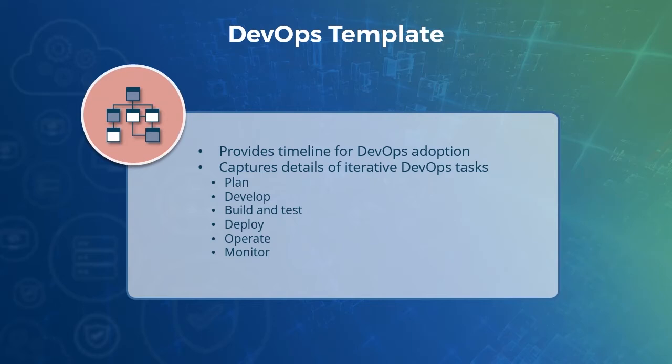The details that are generally captured in the DevOps template for these DevOps tasks can include the description and objective for the plans, the development standards and guidelines for the development, continuous build, continuous testing, and automation for build and test, continuous and hands-free deployment automation for deployment, operations management, infrastructure management, continuous delivery and release guidelines for operations, along with continuous monitoring and identification of metrics for monitoring.